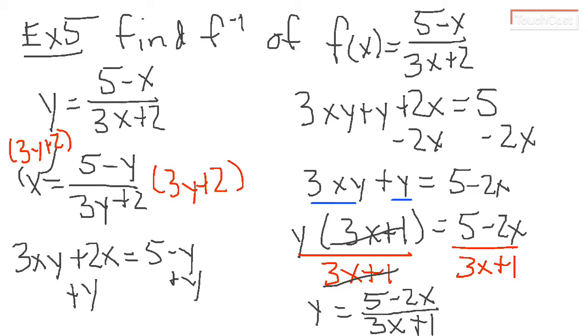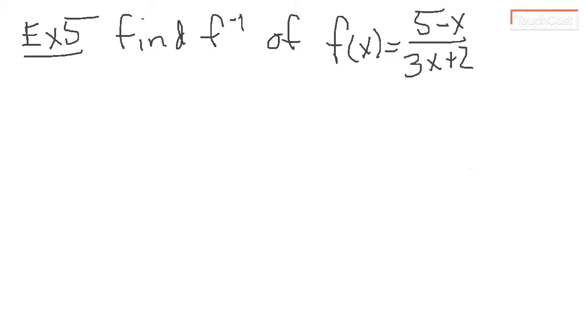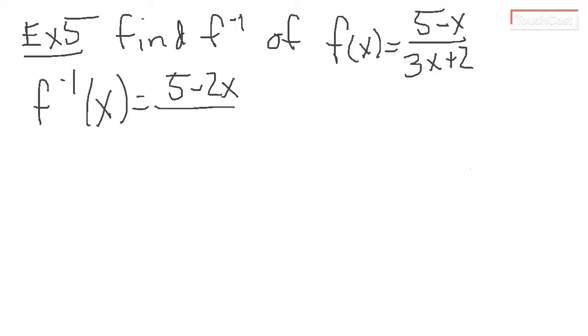I'm going to have to erase what I have here so I can do that. So stay tuned. Now I'm going to replace y with f inverse of x. So I'm going to write f inverse of x = (5 - 2x)/(3x + 1).